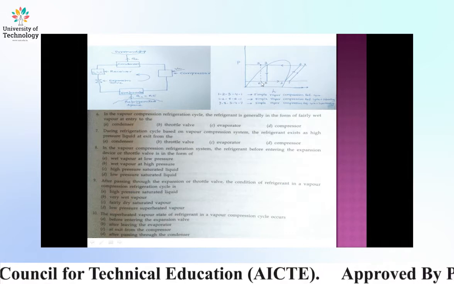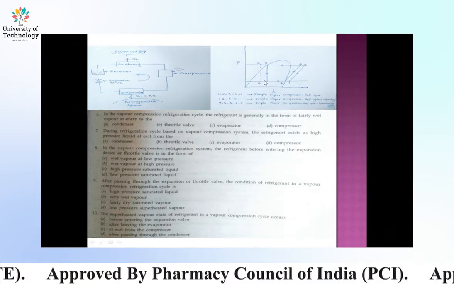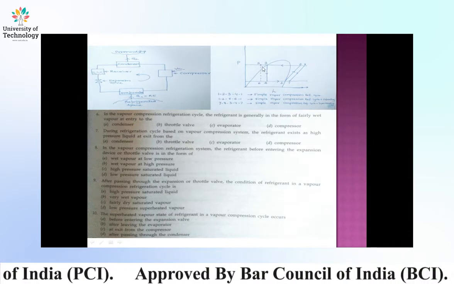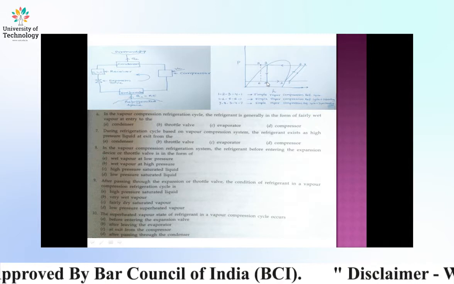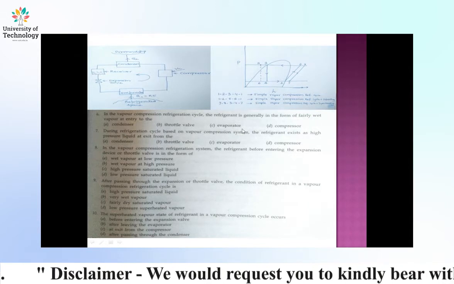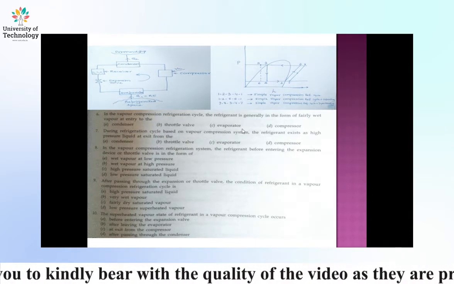This is the entry of the evaporator: in a simple cycle at 4, in case of subcooling at point 6. So wet vapor at the entry of the evaporator. So option C is correct.